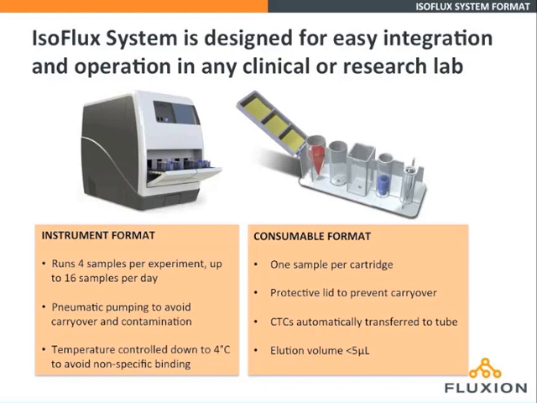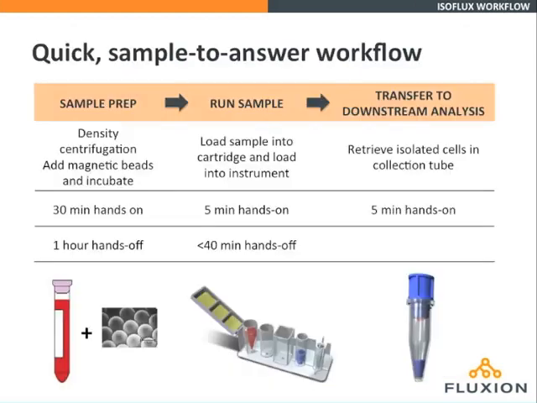The sample format, there's basically a single patient sample per cartridge, and the CTCs at the end of each run are automatically transferred to a tube that then gets taken further to qPCR or other assays. Here's the basic layout of the workflow. We have a sample prep step where the user performs density separation and removes the white blood cell fraction.